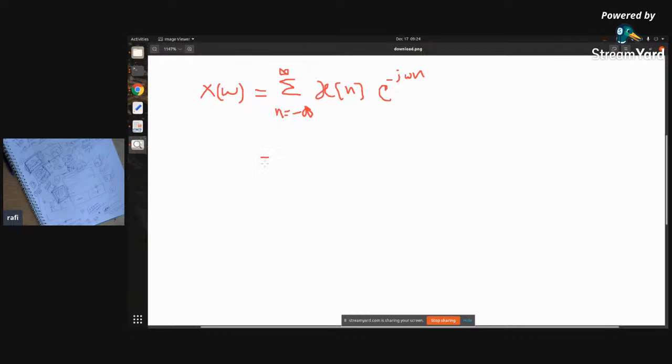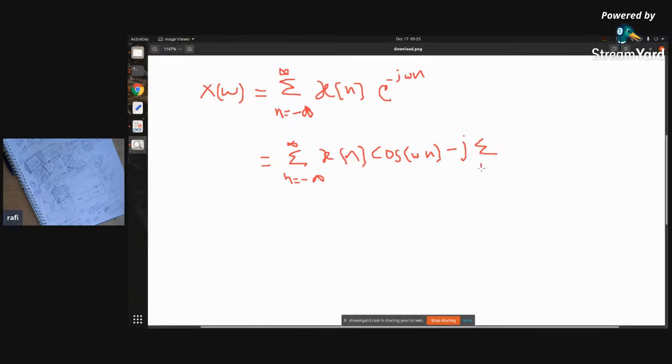So what you can write this one as summation n is equal to minus infinity to infinity x of n e power minus j omega n. By Euler's identity, it will be cos of omega n minus j sine omega n.